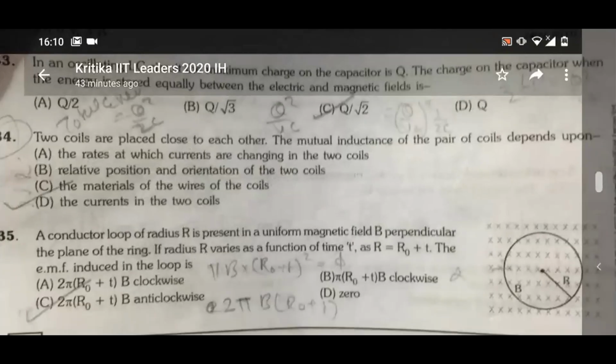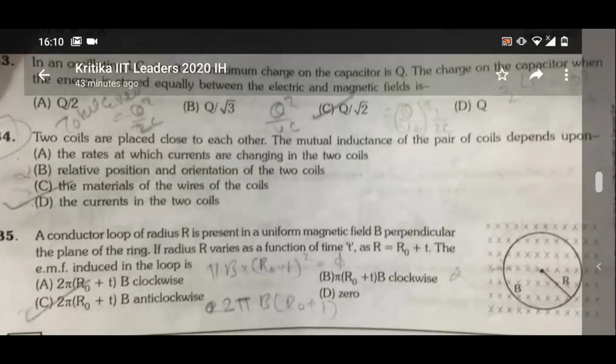Okay, so we'll solve this one. 34 sir. In this page, right? Okay, so let me rotate this. Okay, so this is the question.